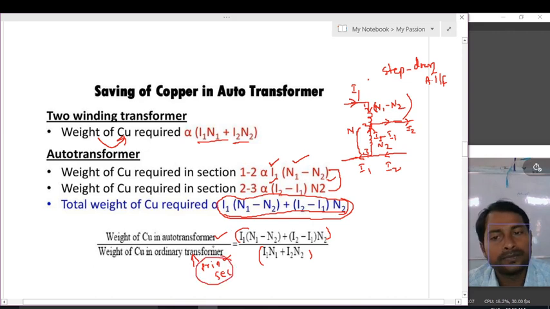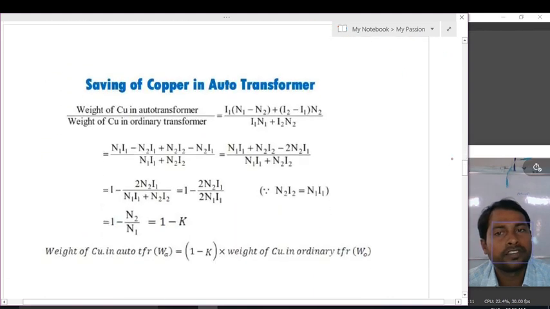If I expand: N1 I1 minus N2 I1 plus N2 I2 minus N2 I1, which is N1 I1 plus N2 I2 minus 2 times N2 I1.